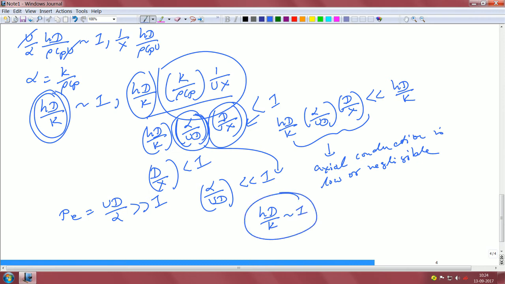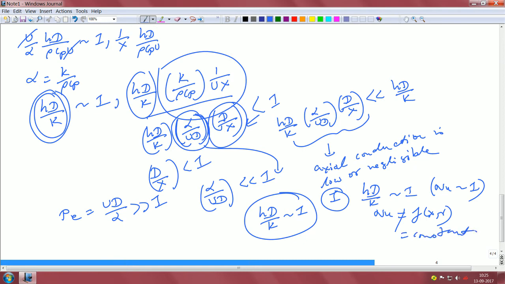So, two important things that we have got out of this exercise. The first and most important thing is that Hd by k is of the order 1. This means that the Nusselt number is of the order 1. That means that the Nusselt number in the fully developed regime is not a function of x or r, and it is basically a constant.